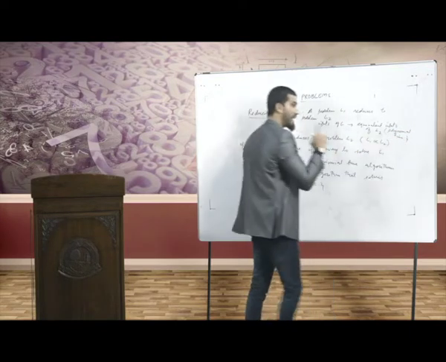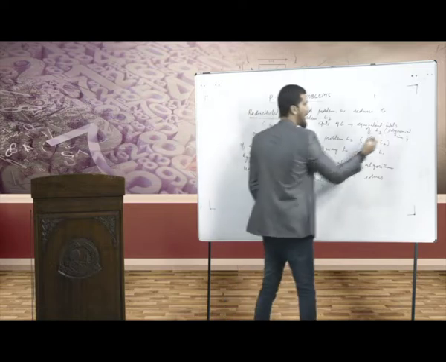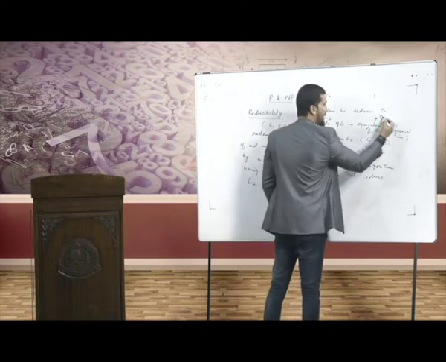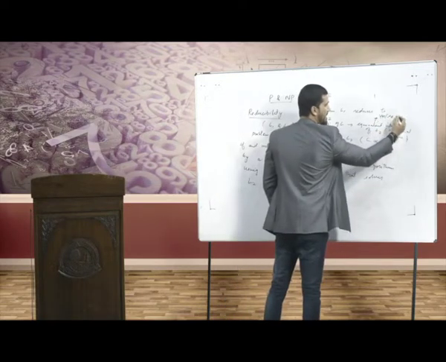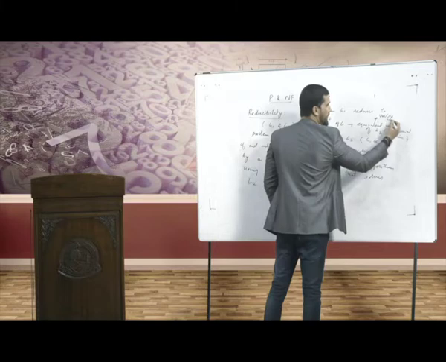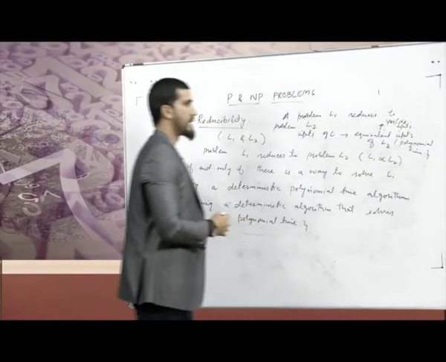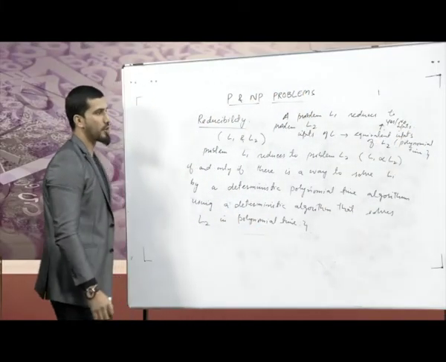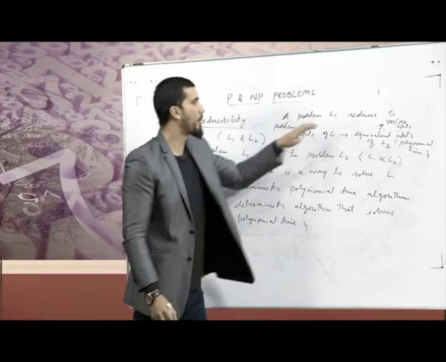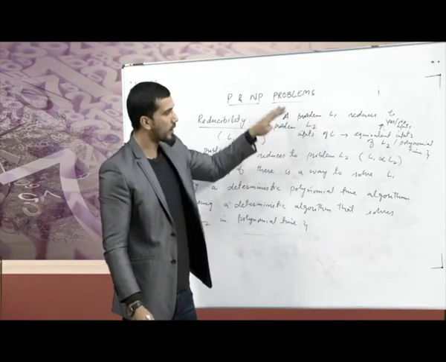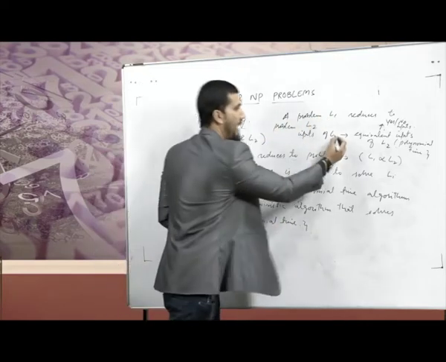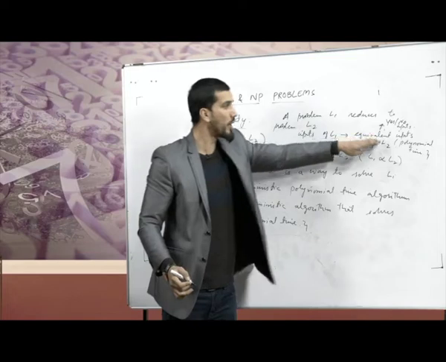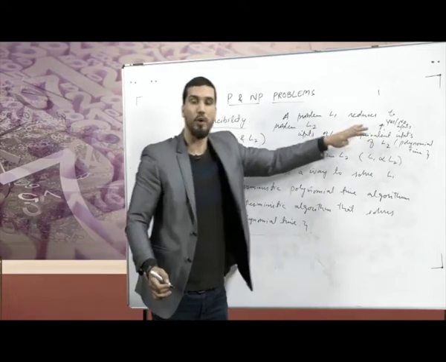And by equivalent inputs, I mean that they have the same yes/no inputs. So a problem L1 reduces to problem L2 means that we are converting the inputs of L1 into the equivalent inputs of L2 in polynomial time.